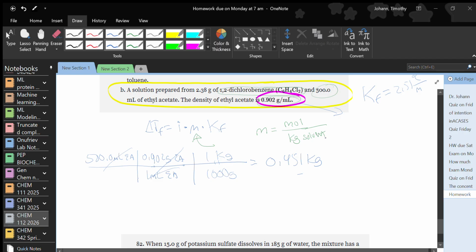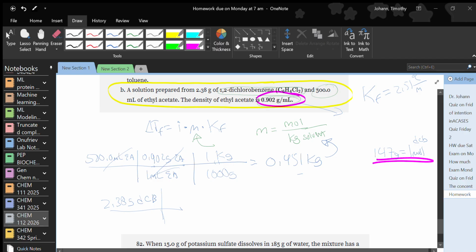That's this bit. Now, we did have that 147 grams is equal to 1 mole, but that was of the dichlorobenzene. We'll abbreviate it like that. So I have 2.38 grams of dichlorobenzene. How do I use this as a conversion factor?